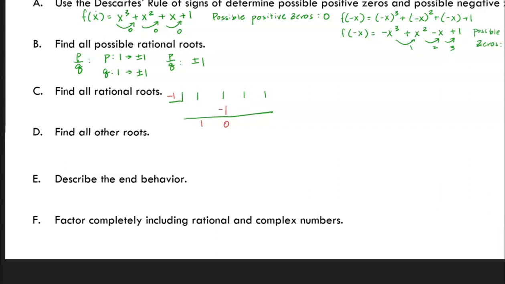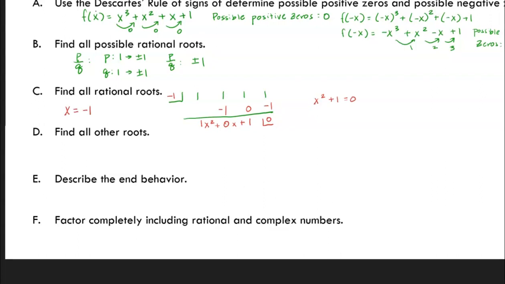Negative 1 times 0 is 0, 1, negative 1, 0. It started at x cubed, now it's going to reduce down to x squared. And so I have x squared plus 1 equals 0. I know that's not going to factor. In fact, I can actually solve this. So the only rational root that you have is x equals negative 1.